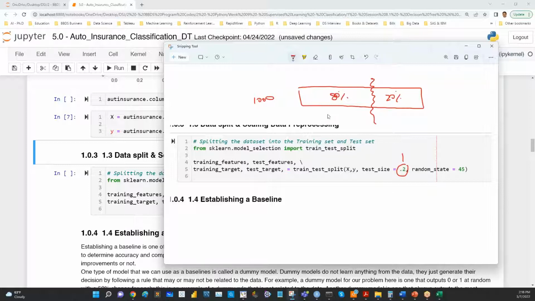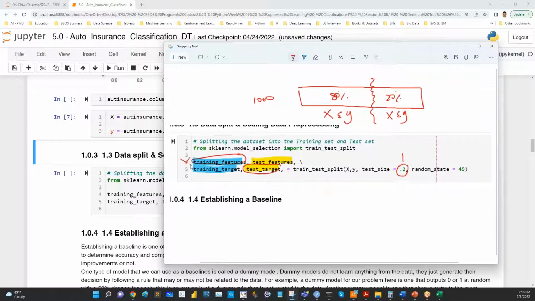So in 80%, we are going to have X and Y, and in 20% we are going to have X and Y also. So 80% is called training, and 20% is called testing. So we are going to have testing features and testing target for 20%, and we are going to have training features and training target for 80%.